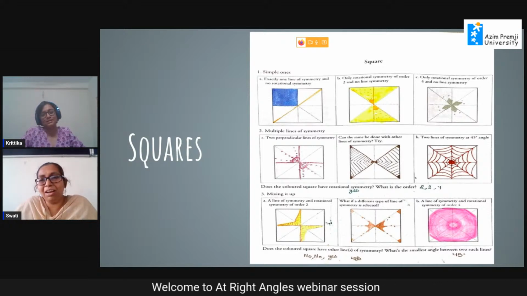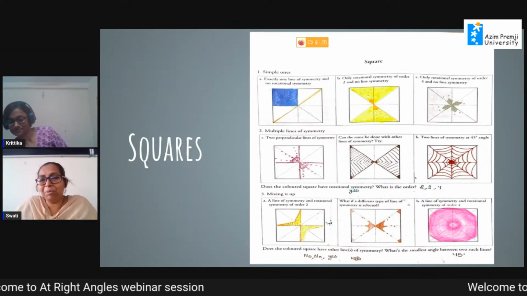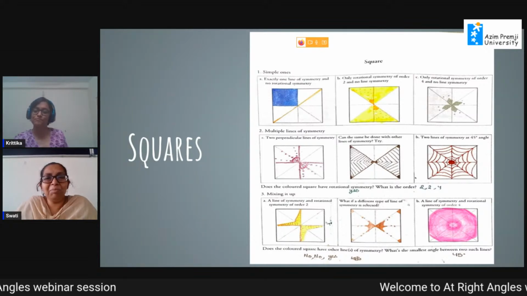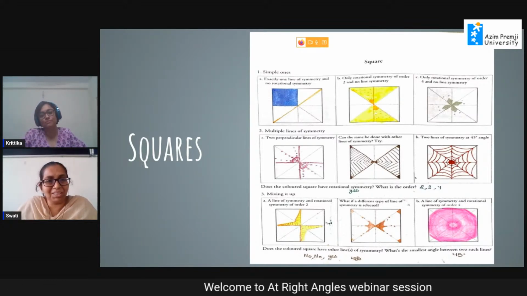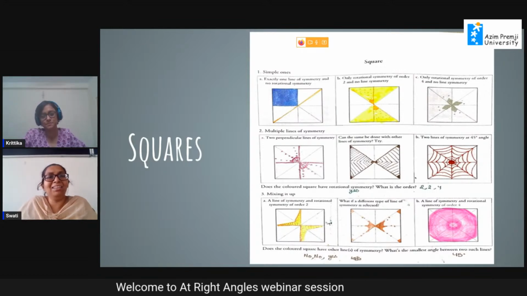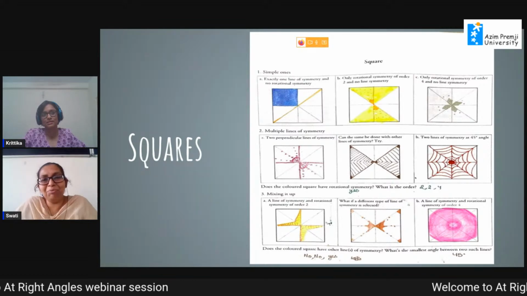Actually, here is something that people can think about: when will you have more than one type of line of symmetry, and when not? Those are some food for thought.